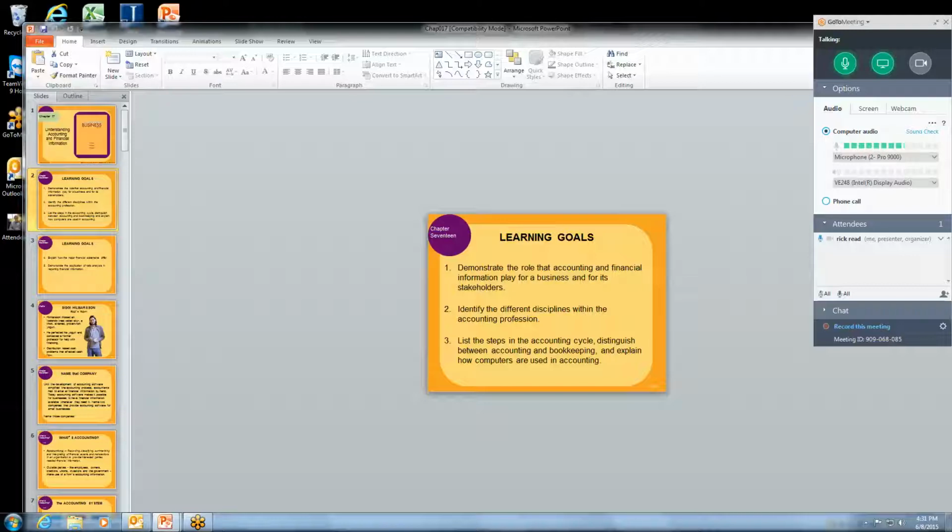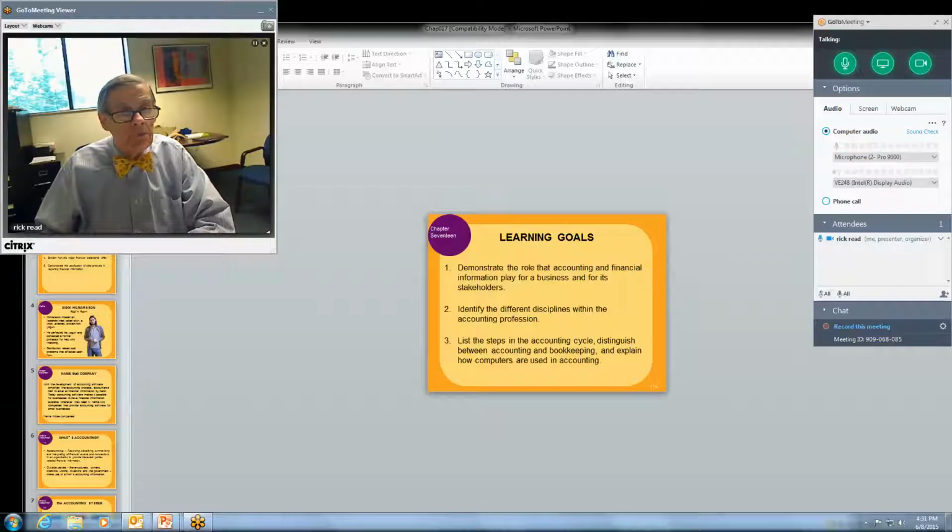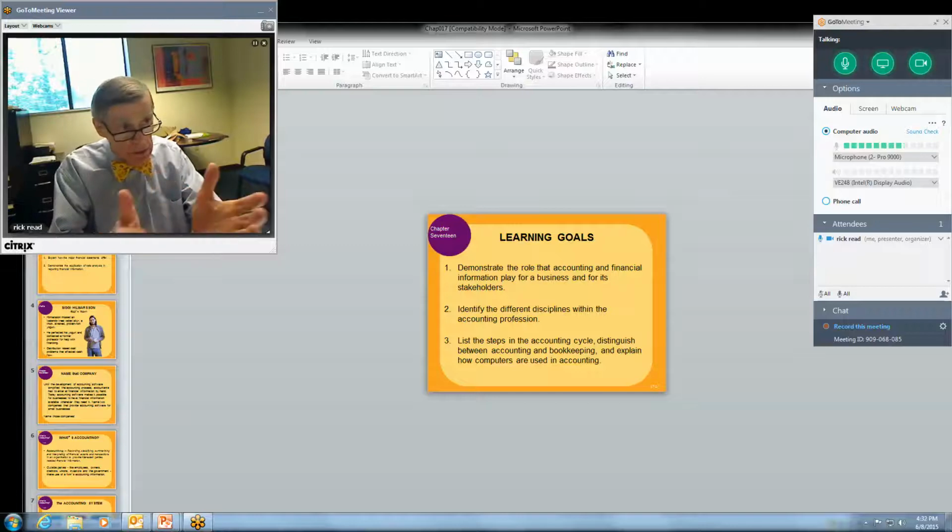Demonstrate the role that accounting and financial information play for business and for its stakeholders. Identify the different disciplines within the accounting profession. List the steps in the accounting cycle. Distinguish between accounting and bookkeeping. They are different, although sometimes some of what they do is very similar.